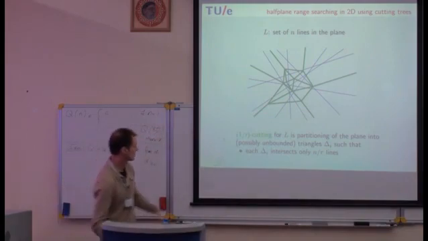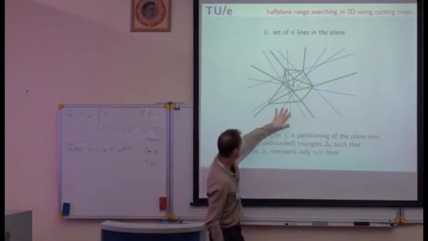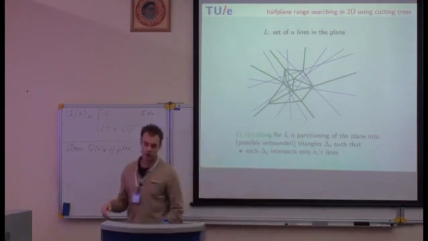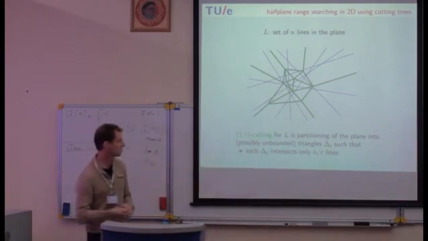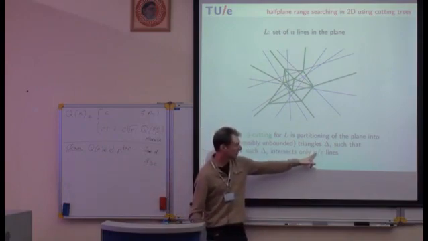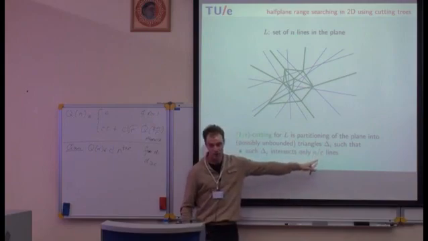And the property is that each of these triangles is going to intersect only, well, not too many lines. So if I have a 1 divided by r cutting, it should not intersect more than n divided by r lines.